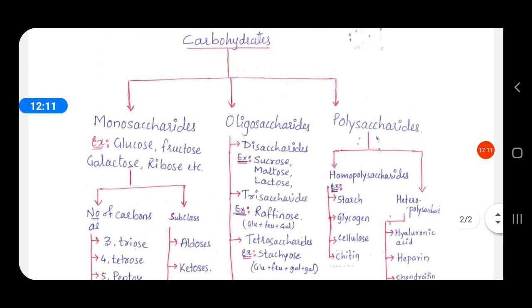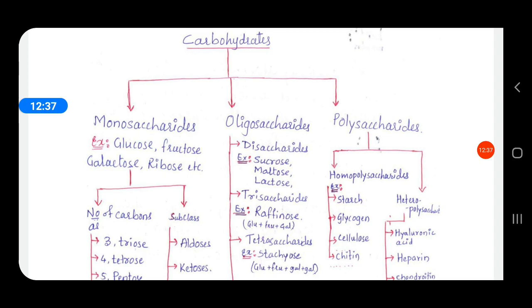The next class is oligosaccharides. Oligosaccharides are more than 1 monomer units are present here. So on hydrolysis, these oligosaccharides gives definite number of monomer units.